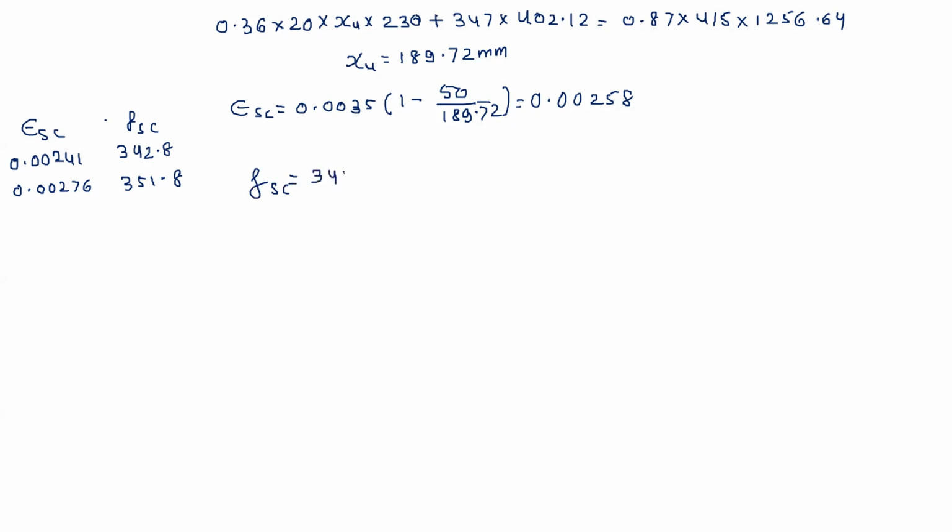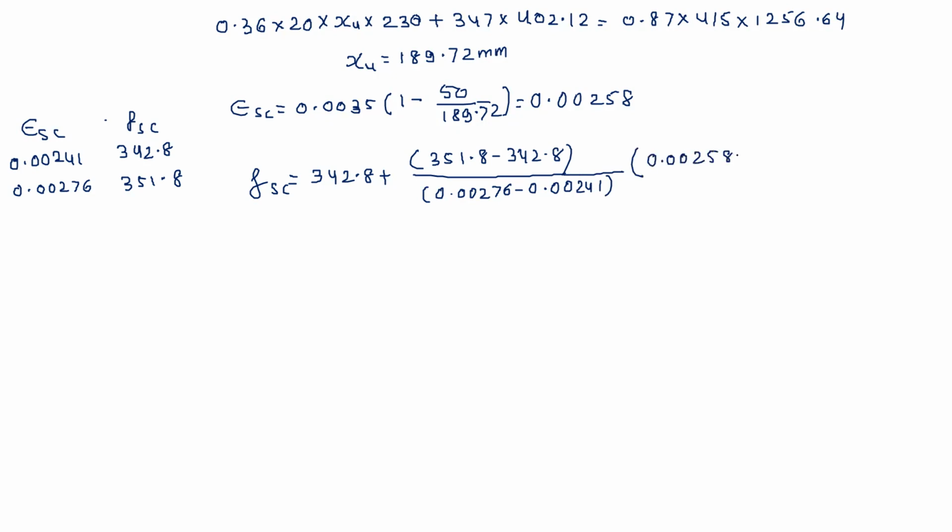So we have 342.8 plus (351.8 minus 342.8) divided by (0.00276 minus 0.00241), multiplied by (0.00258 minus 0.00241).